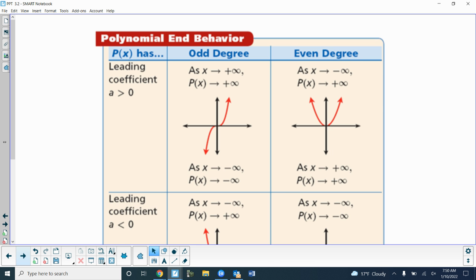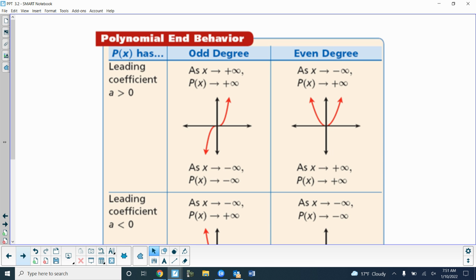If the degree is odd, meaning it's to the 3rd or to the 5th or to the 7th power, that first term, that means the far left is going in the opposite direction. Odd starts with an O, and opposite direction. Opposite starts with O, right?